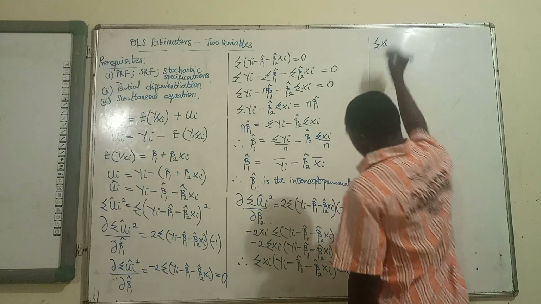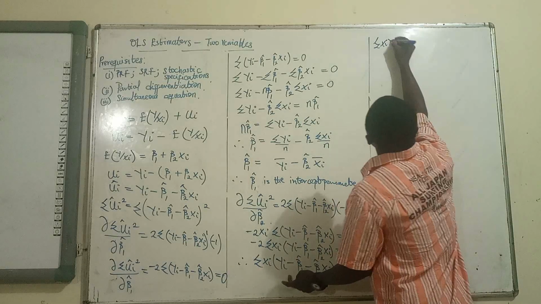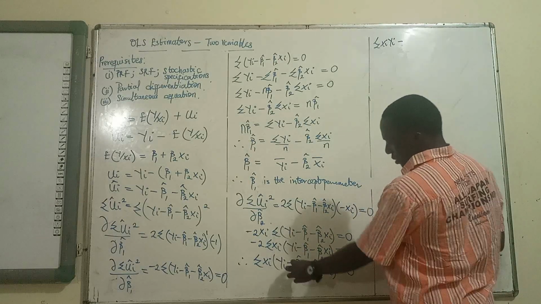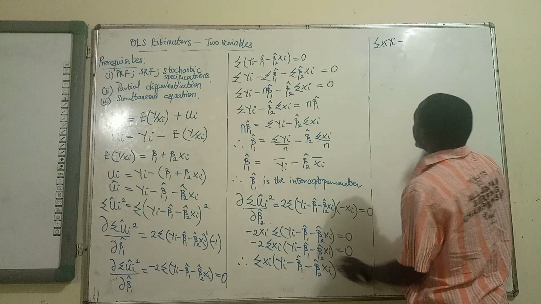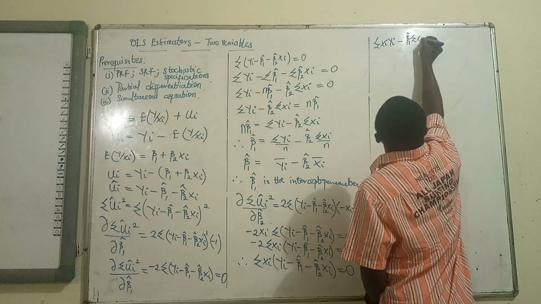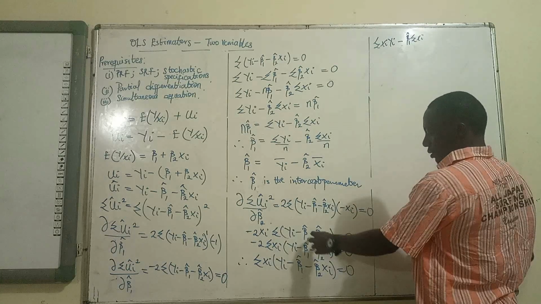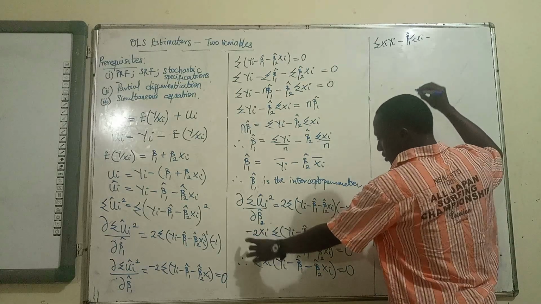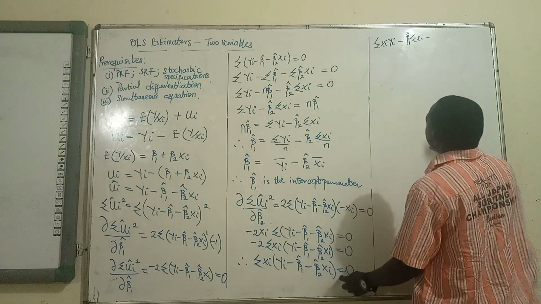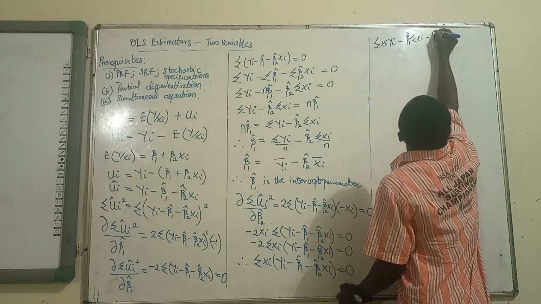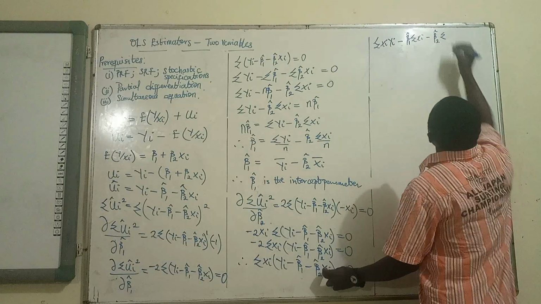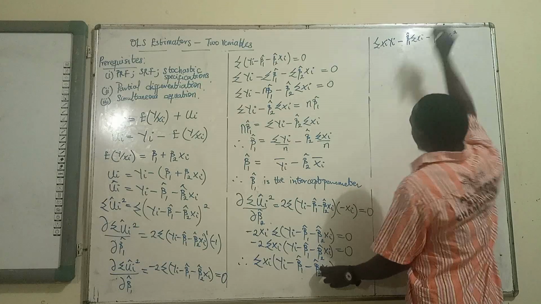Summation xi multiplied by yi, we have summation xi yi minus summation xi times beta 1 cap, which is beta 1 cap summation xi, minus summation xi multiplied by beta 2 cap xi, beta 2 cap summation xi multiplied by xi, you have xi squared.